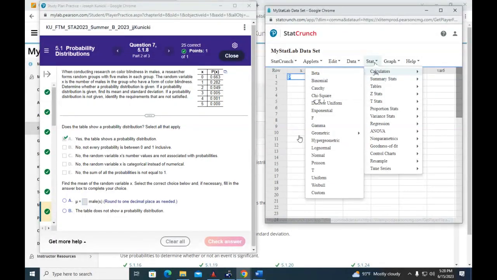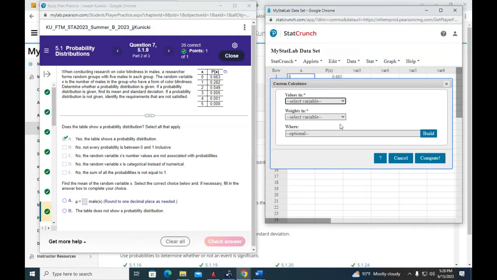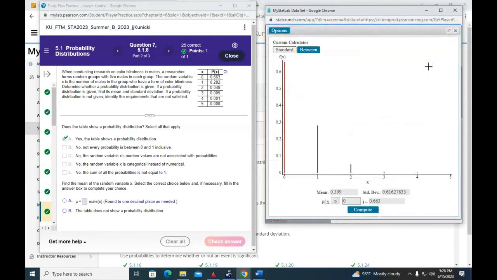But anyway, I want to do custom. So it asks me, what are the values? Well, the values are the x's. And it says weights. Weights means probability. It's just another word for probability. I hit compute, and I don't get a histogram. I get a very weak box plot. It's real narrow, all lines.